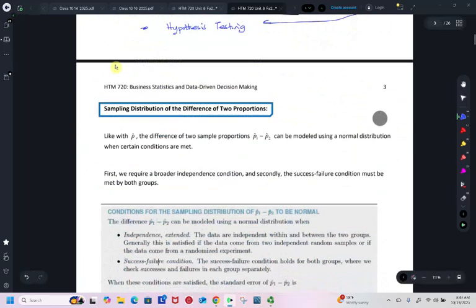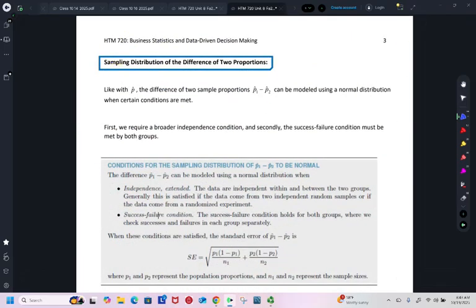We're going to take that over to looking at differences in two proportions.